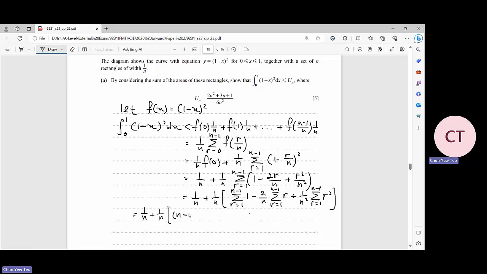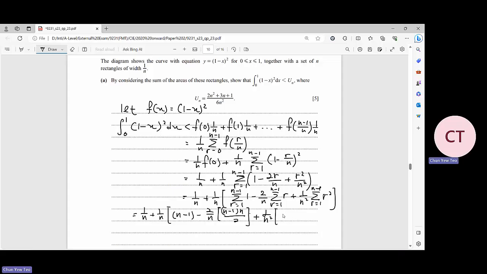This one is a n minus 1 minus a 2 over n of the n minus 1. Then n divide 2. Then plus the 1 over n square.